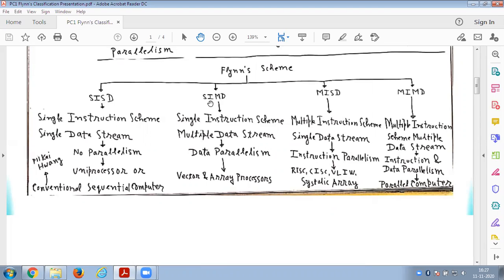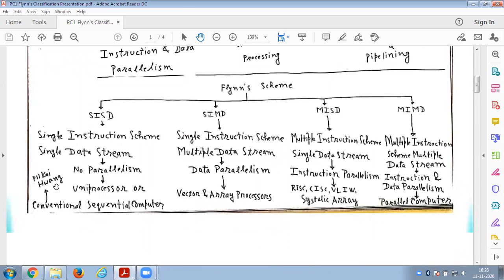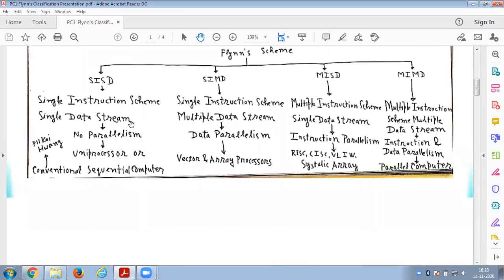SIMD means single instruction stream, multiple data stream. MISD means multiple instruction stream, single data stream. MIMD means multiple instruction stream, multiple data stream. This is given in the books of Briggs and Kai Hwang, page 11. You can refer to them for more details.